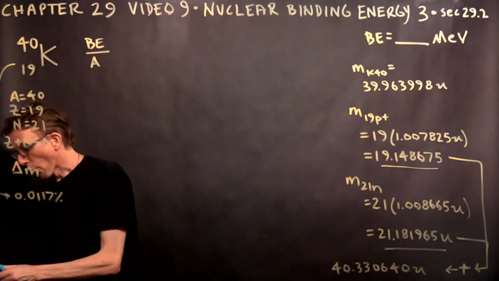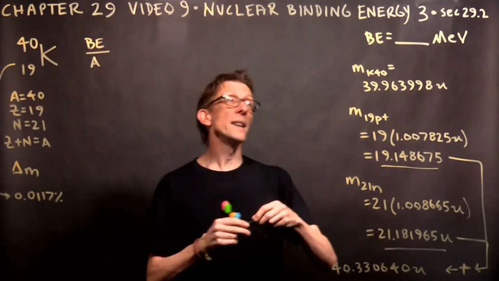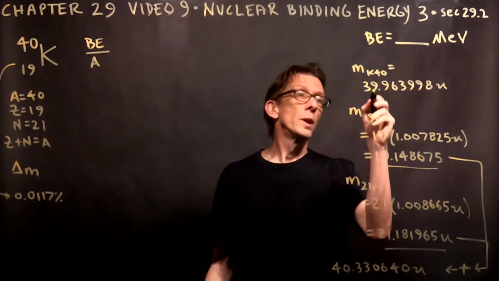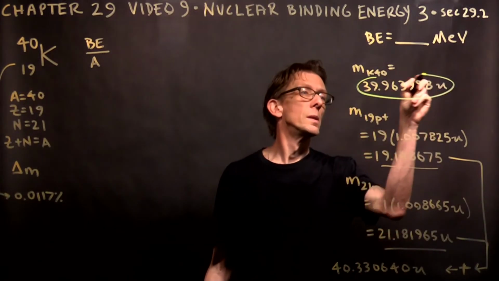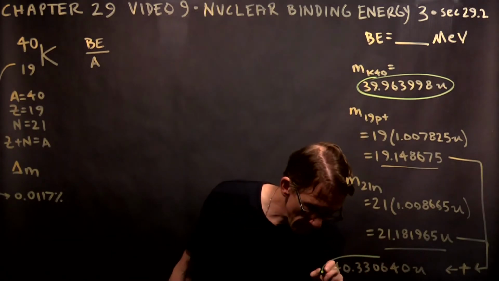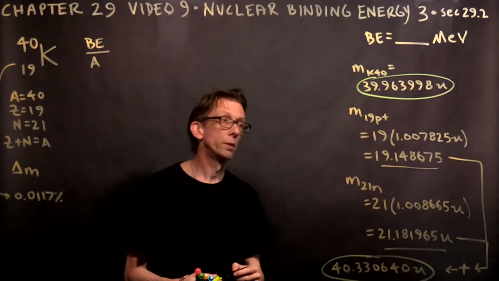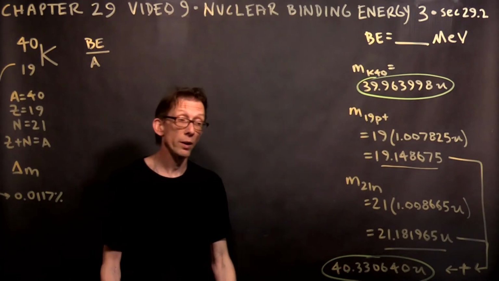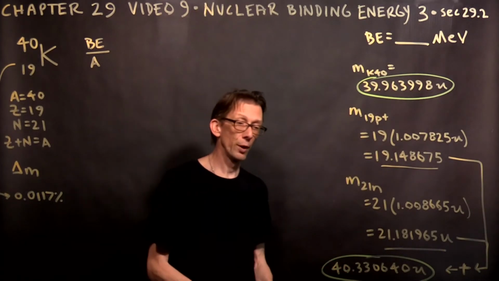So, what we need to do to find the binding energy of potassium-40 is to take this number and compare it to that number. You see that they're different. The mass of potassium-40 by itself, the mass of the individual particles taken one at a time and added up. Okay.